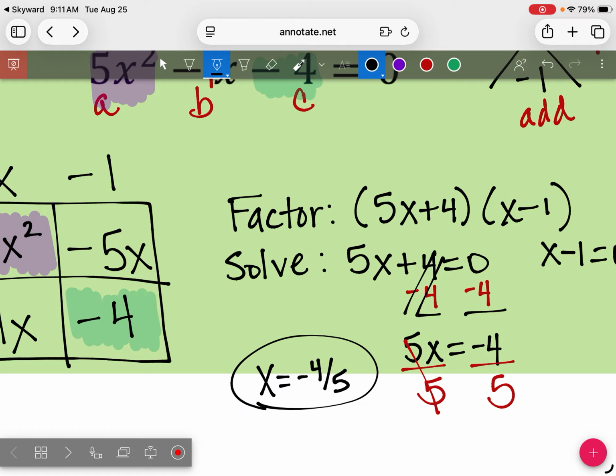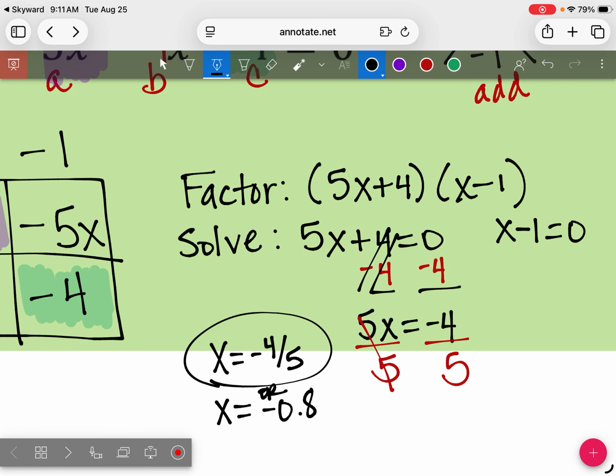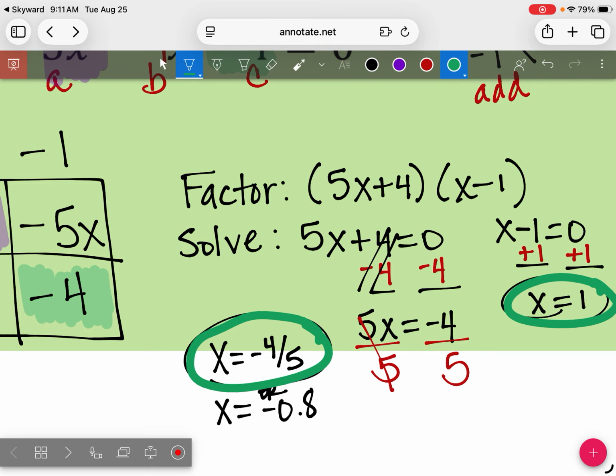You can also say that x is equal to negative 0.8, but again, I generally just leave it as a fraction. I would accept either answer though. My second solution, I just have to add the 1, so x equals 1. These will be my two solutions, and I have finished it.